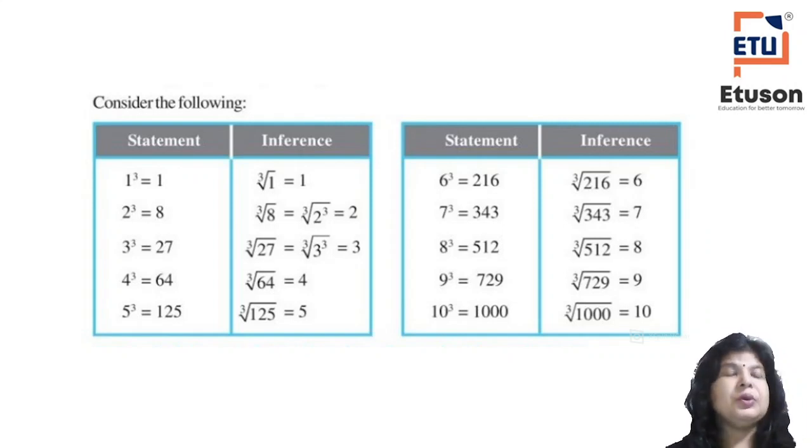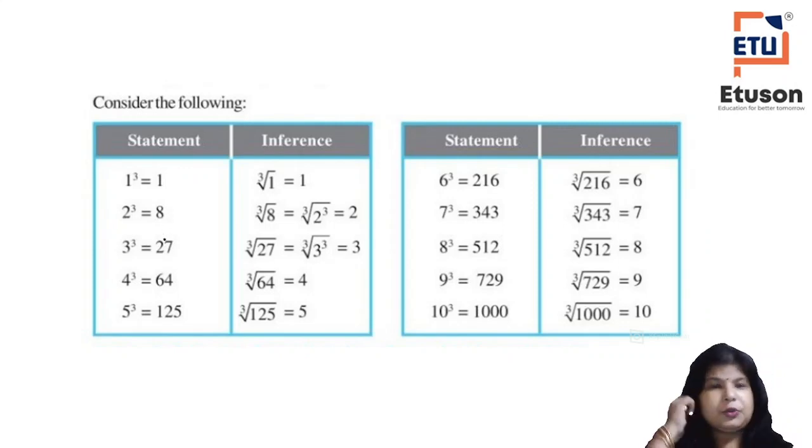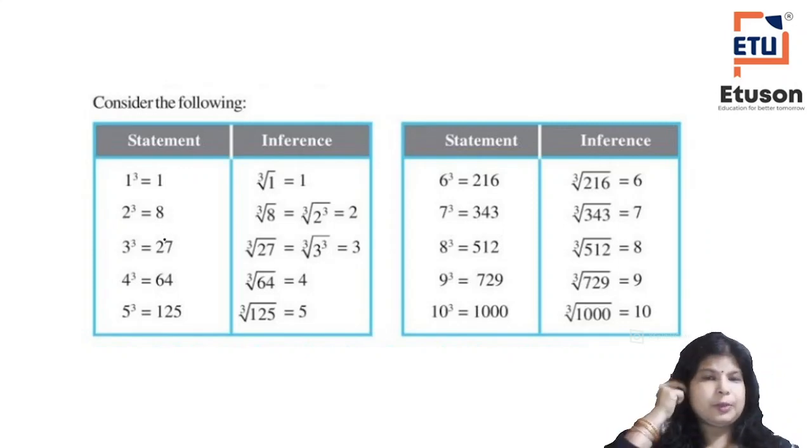As we know, 1 cube is equal to 1. So the inverse of it, that is the cube root of 1, will be 1. Cube of 2 is equal to 8, so cube root of 8 will be equal to 2.